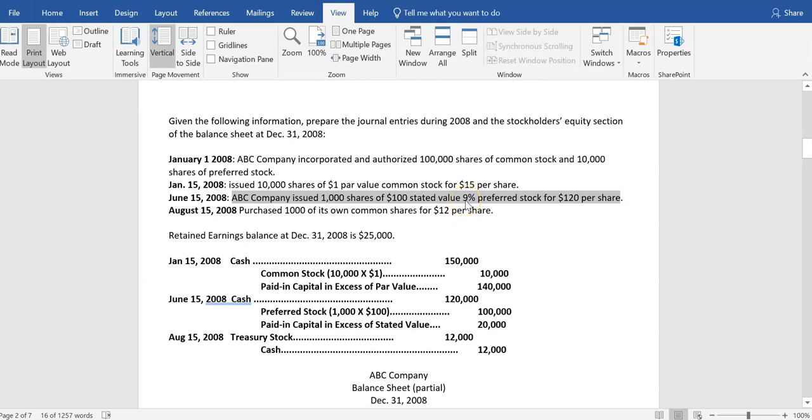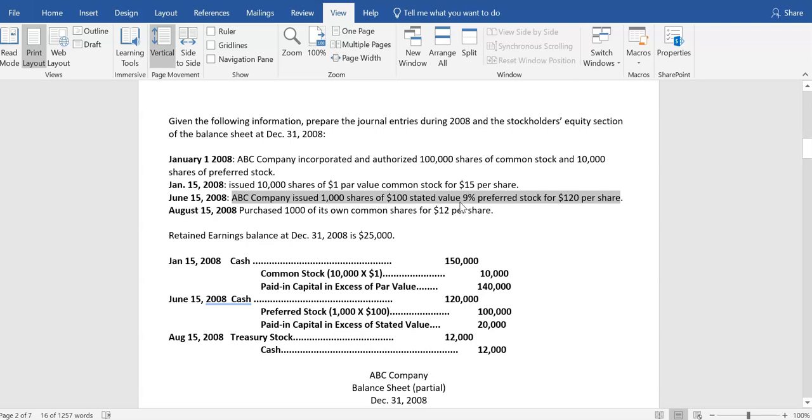And that's what this 9% is. That stated dividend rate is the percentage of the par value, or how much of a dividend a preferred shareholder will receive in a year that the company pays a dividend. Okay, so that's what that 9% is.